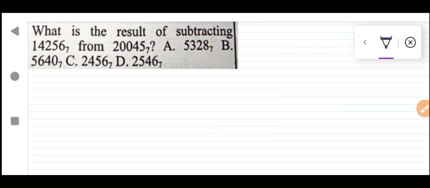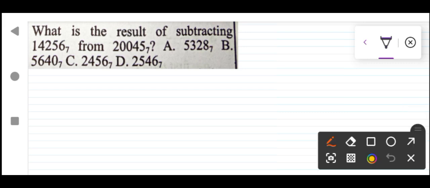It says, what is the result of subtracting 14256 base 7 from 20045? And at this point, we need to figure out the larger value, which is 20045.